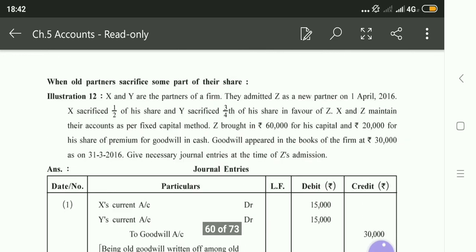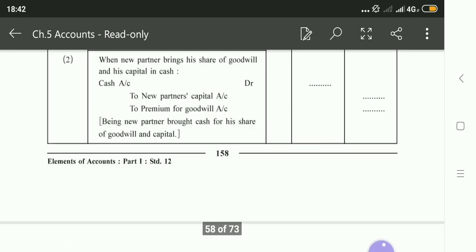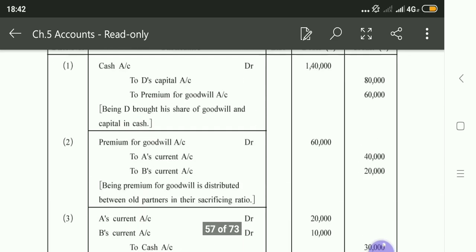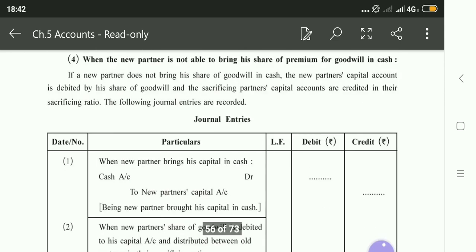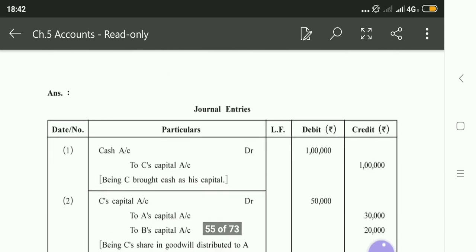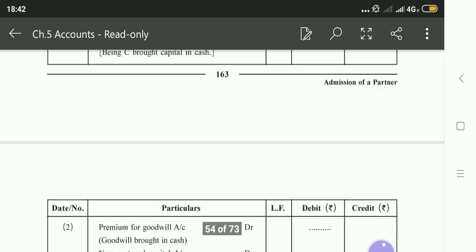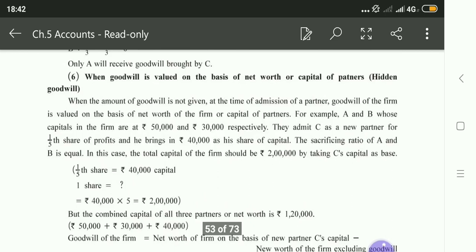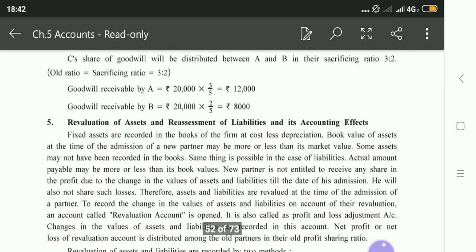So, quickly moving to illustration 18, which is a long sum of this chapter that I have taken for today. Now, finally moving towards a long sum, let us start with illustration 18.